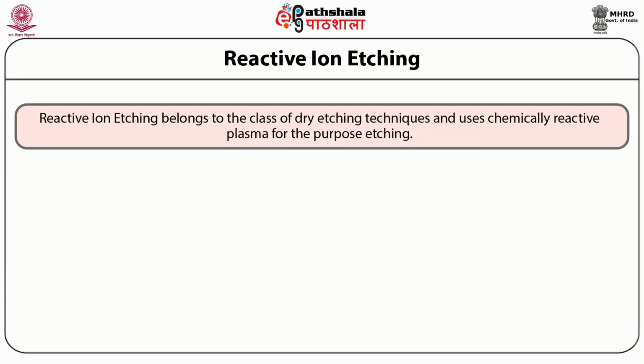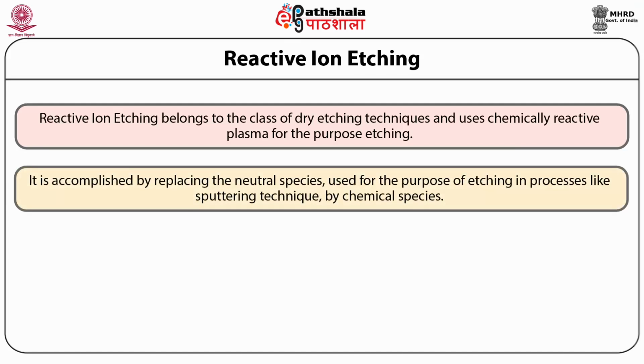Reactive ion etching. Reactive ion etching belongs to the class of dry etching techniques and uses chemically reactive plasma for the purpose of etching. It is accomplished by replacing the neutral species used for the purpose of etching in processes like the sputtering technique by chemical species.